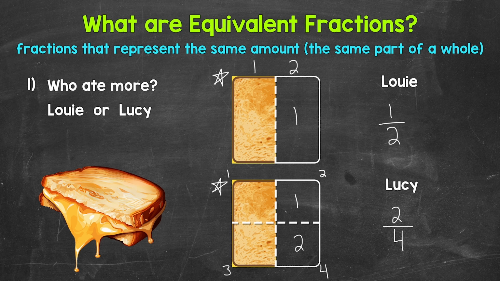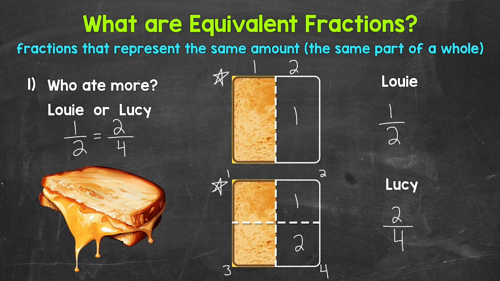They represent the same amount, the same part of the whole grilled cheese. Now again, Louis ate 1/2 and Lucy ate 2/4. 1/2 and 2/4 are equivalent fractions. And we can show that they are equivalent fractions by putting an equal sign in between.